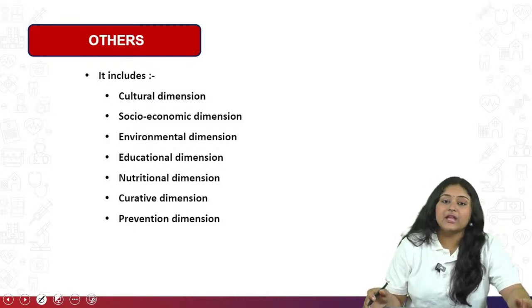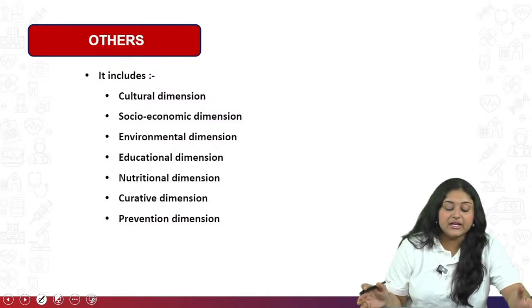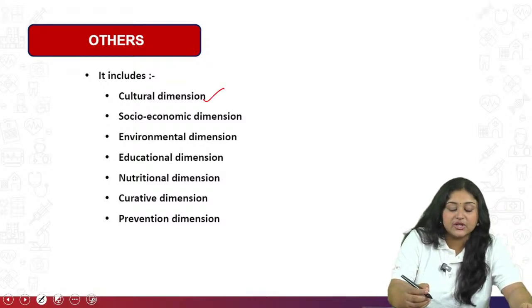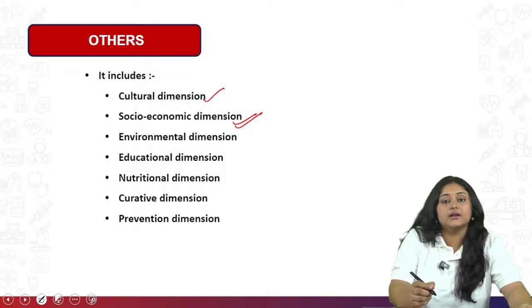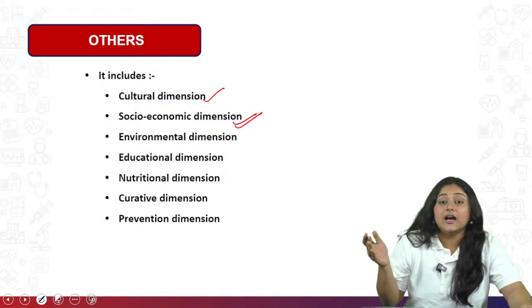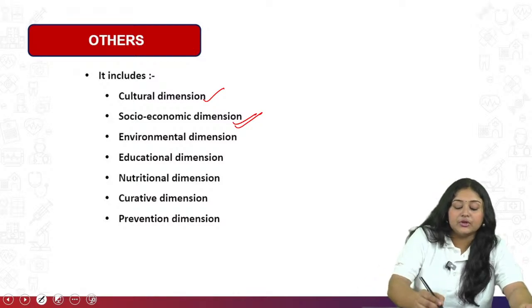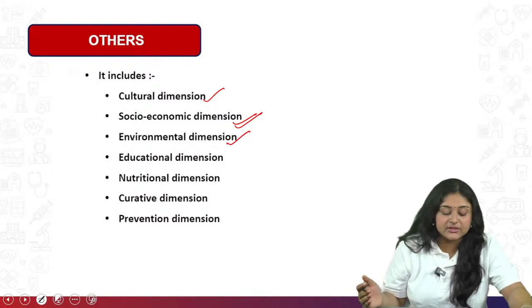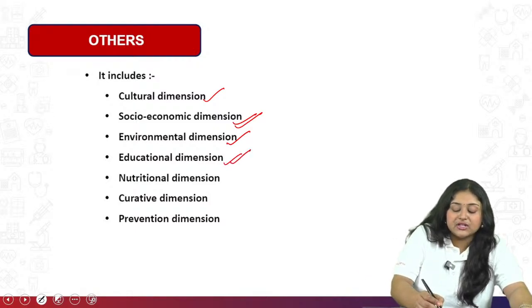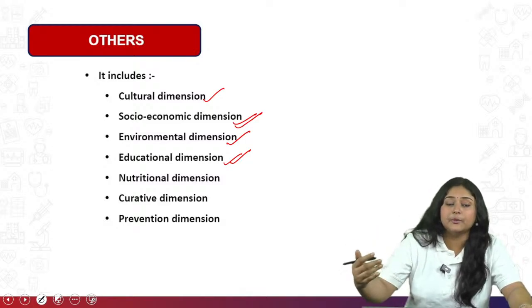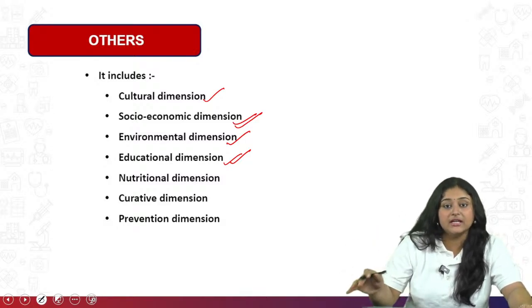Now come to the other dimensions. In the others dimension, there is the cultural dimension, based on your cultural beliefs, expectations, etc. Socio-economic dimensions like financial status, social integration, social inclusion, etc. Next, the environmental dimension like environmental sanitation, hygiene, etc. Then the educational dimension, like the poverty line, who all belong under the poverty line and who are above it, based on educational purpose.